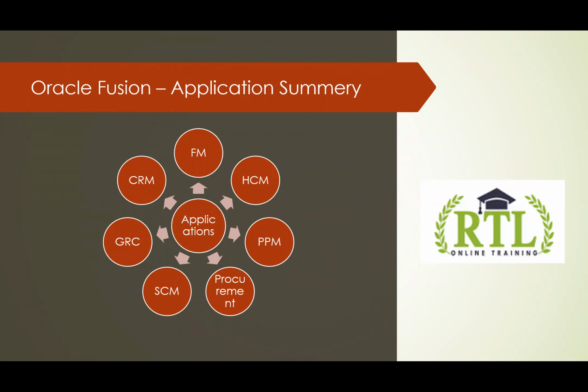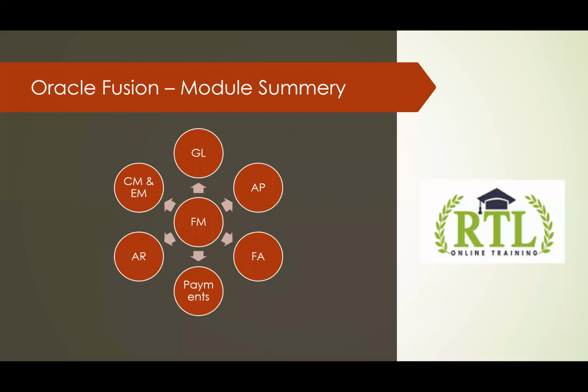Now, let us get into the individual application. Let us take the financial management. In financial management, you're going to see GL, AP, FA, payments, ER, cash management, expense management. These are the different modules under financial management.